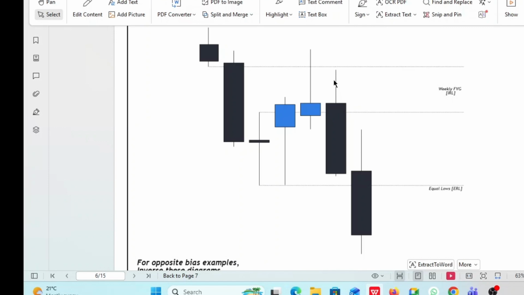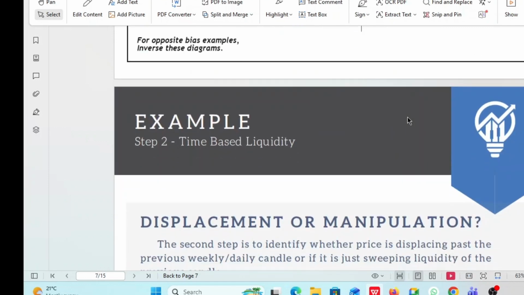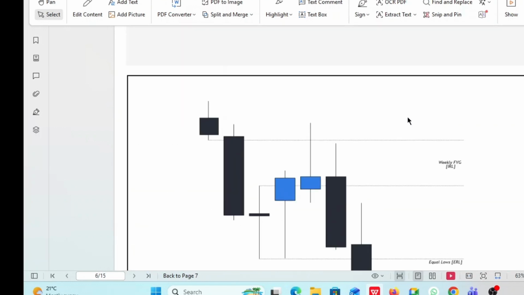So the market has to tap either our internal range liquidity or external range liquidity for it to be valid. And this one forms what we call a manipulation candle.